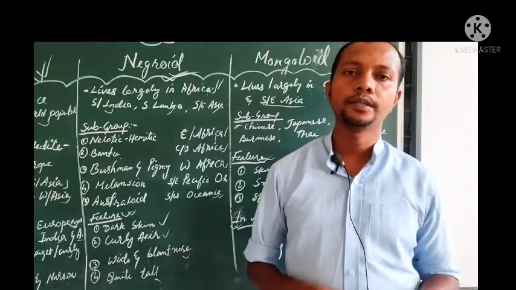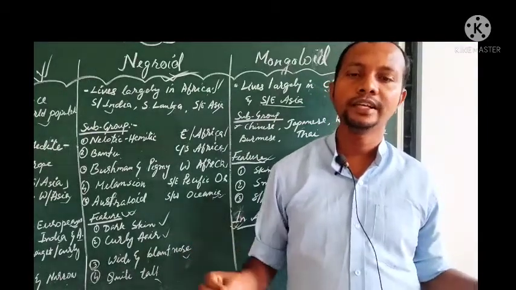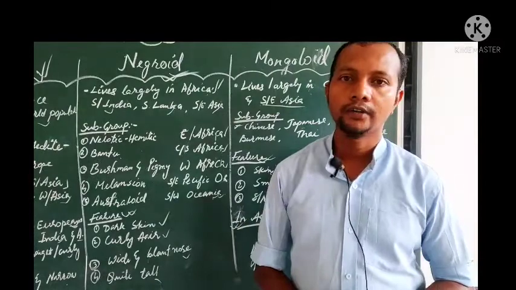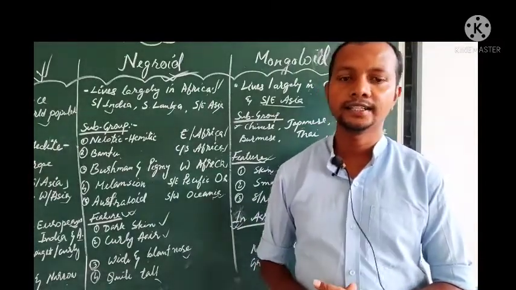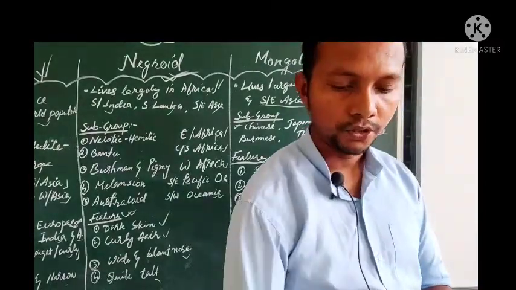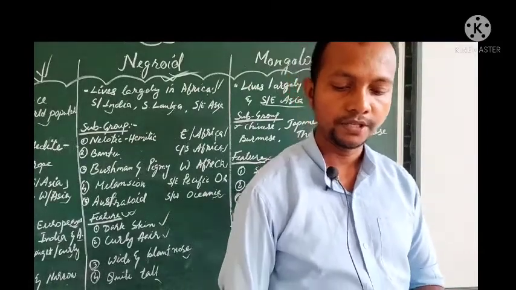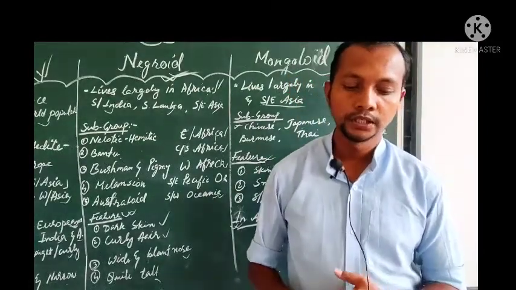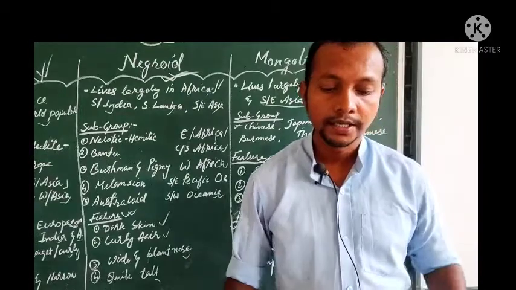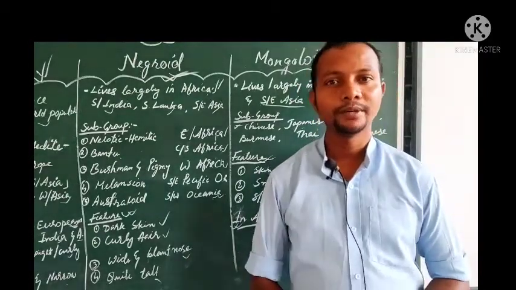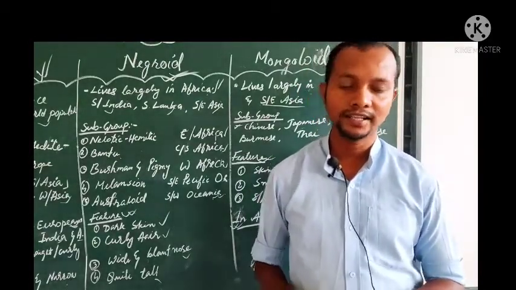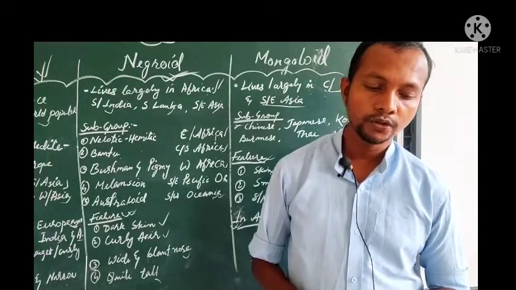What helped them to go around the world? Because they were initially in the central part of Africa, which is regarded as the origin, the birthplace of the human race, Homo sapiens species. Because your question in the prior class was, name the species to which human beings belong, and the name for that is Homo sapiens.